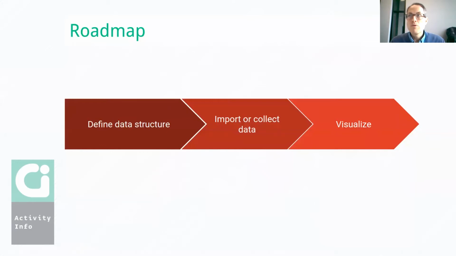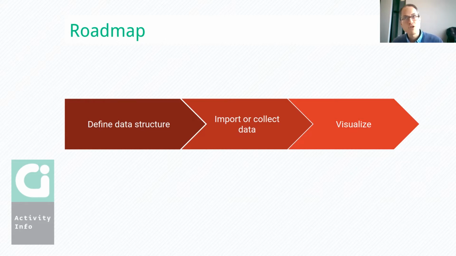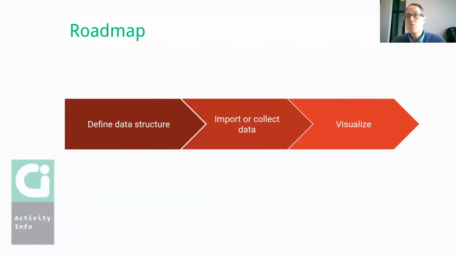What we're going to be looking at today are the 3 different phases of usage of the system. For every person that interacts with the system, not everybody will be doing all functions. So it always begins with defining a data structure, setting up the forms and the relationship between forms that constitute your database. In the second phase, you'll invite people to import or collect data.